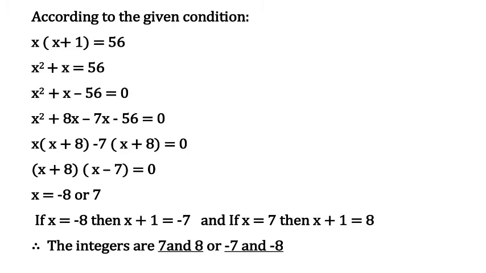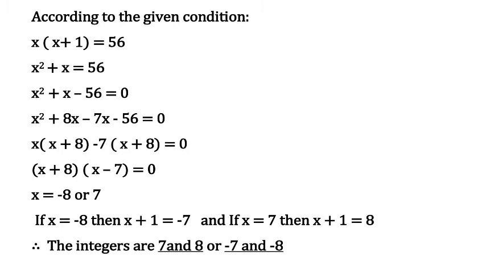Find out the factors of 56, solve the equation, you will get the value of x as minus 8 or 7. After solving for x, as it is given as integers, both positive and negative values can be considered. If x is equal to minus 8, then x plus 1 is minus 7. In this case, my integers will be minus 8 and minus 7.